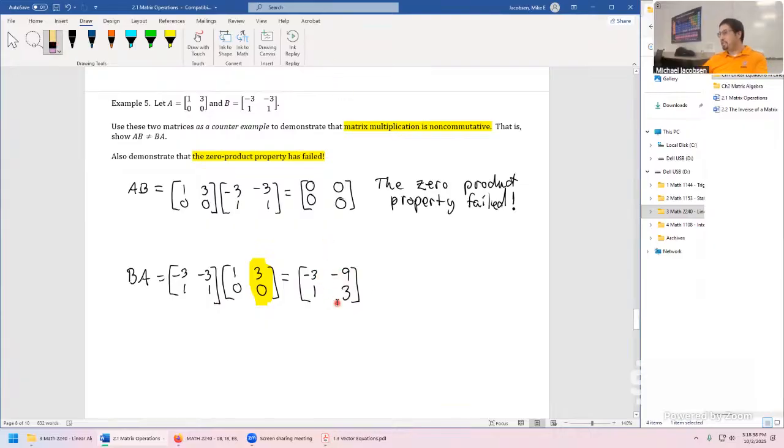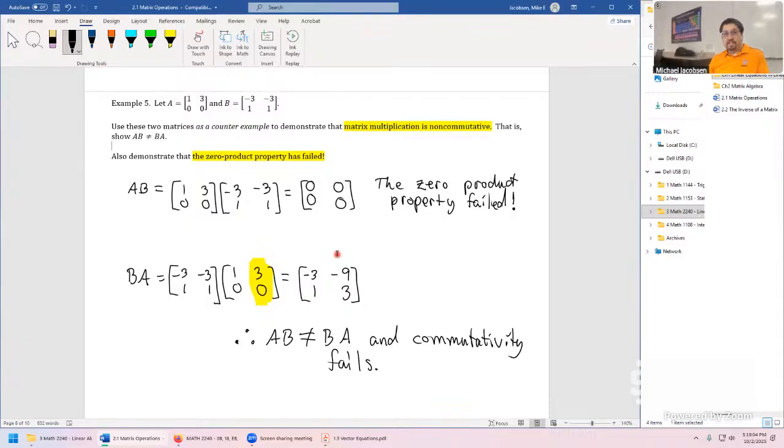None of the entries were 0 on here, but just one non-zero entry means B times A is not A times B. So putting those multiplications together, we can say, therefore, A times B is not B times A, and commutativity fails. Sometimes it works, but not for these matrices. We can clearly see we get different entries when we attempt the result.